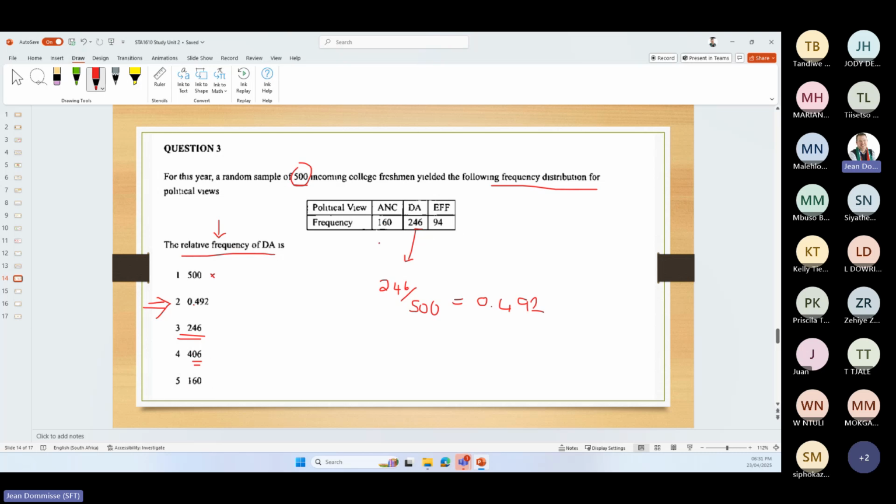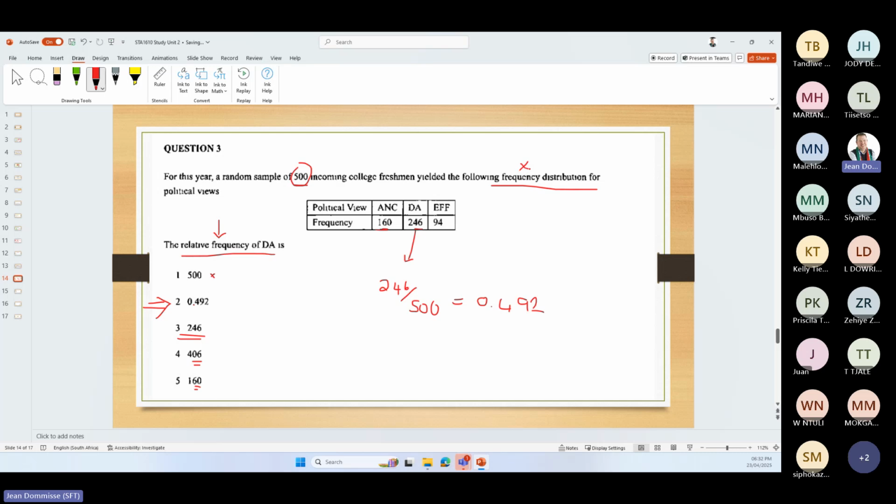If you were looking just at the first one and you saw the 160, there's also an answer for you. So again, just be very careful when you look at these questions. Sometimes you just see, oh, there's 160, you go for 160. So just be careful what they ask.